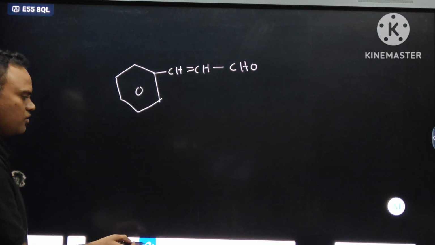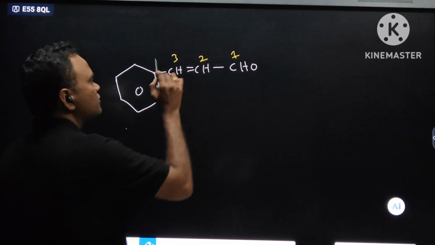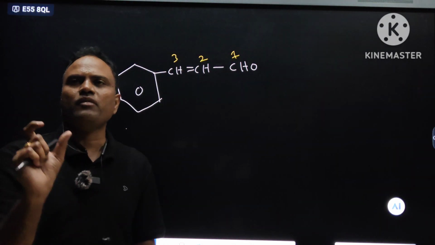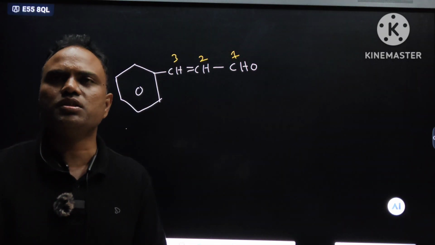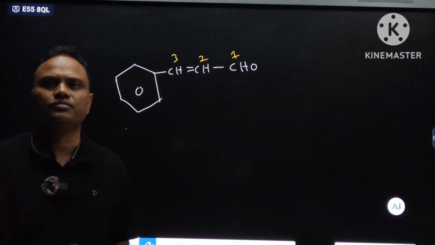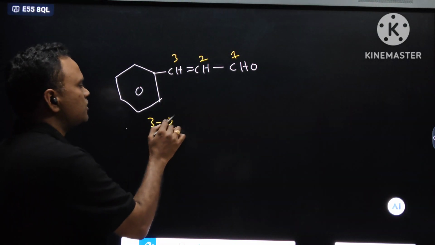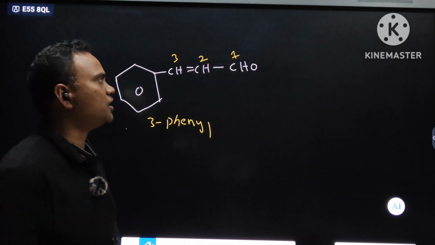Its IUPAC name and common name. Give numbering 1, 2, 3. But at the third position, a benzene ring is present. When benzene is present as a substituent, we use the prefix phenyl. Third position, phenyl: 3-phenyl.